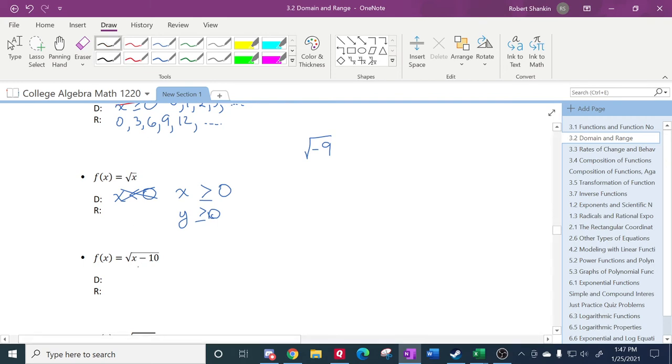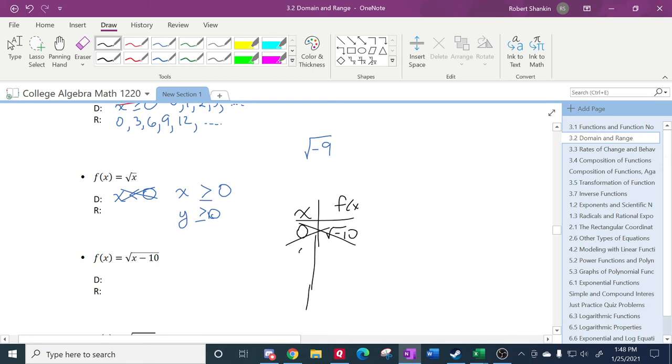All right, so on this one, I'm going to do this one. For the domain, I'm just going to start plugging in some random numbers. If I was to make a table of values here, and I was to put in 0, can I do that? Well, I'd wind up getting square root of -10. So 0 is not allowed because it gives me a negative inside a radical.